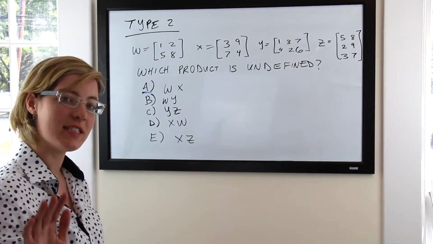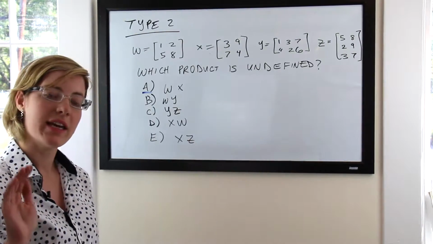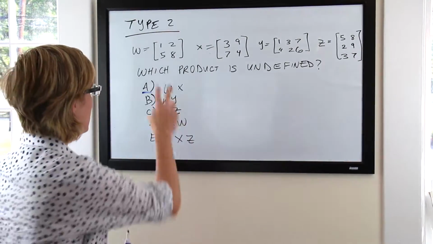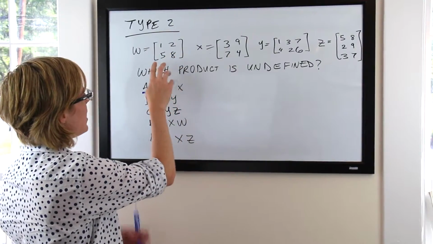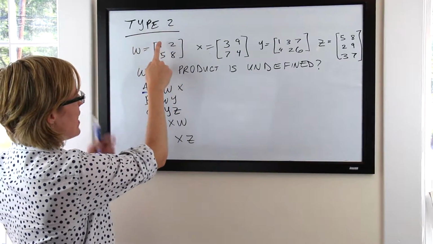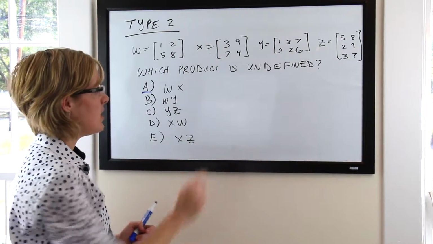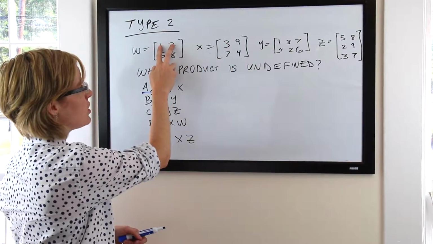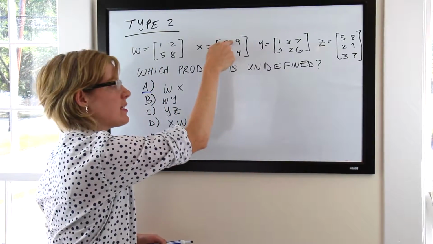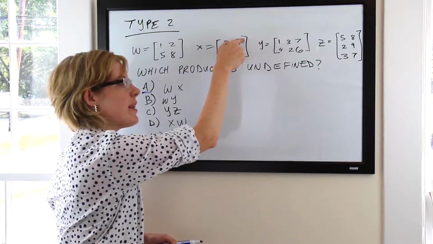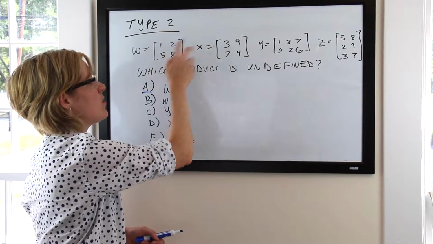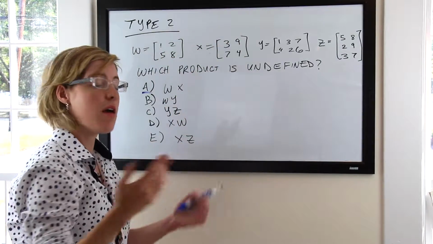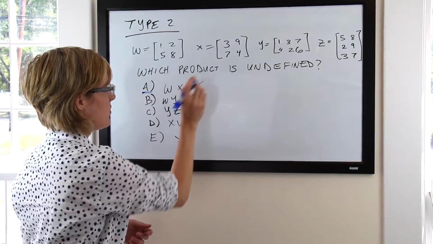We're just going to look and see if they're undefined, meaning can we not do it? So W has 2 columns and X has 2 rows. Therefore, we could multiply this row by this column, this row by that column, etc. This works out just fine, so that's a good one.